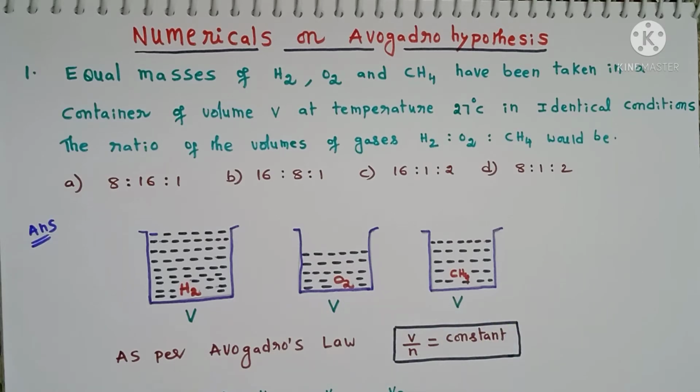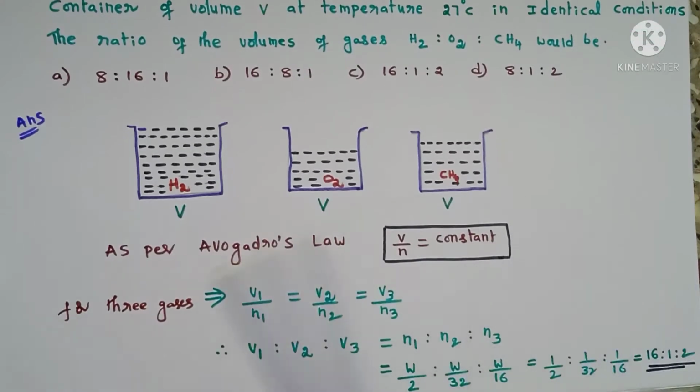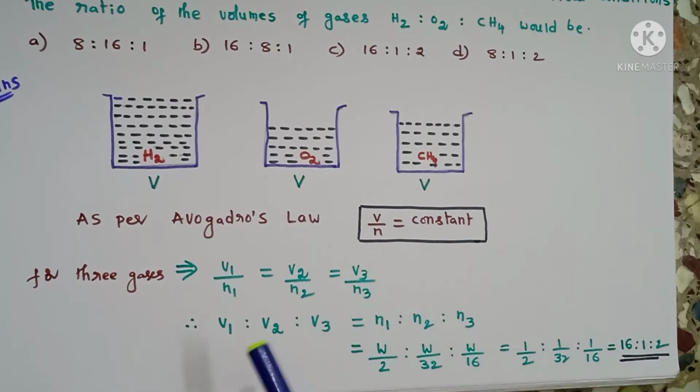For three gases, V1 by N1 is equal to V2 by N2, that is equal to V3 by N3. So V1 : V2 : V3 is equal to N1 : N2 : N3.